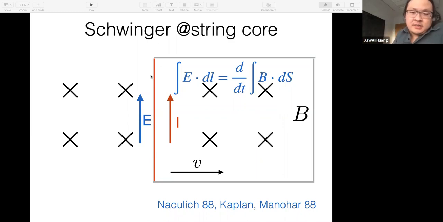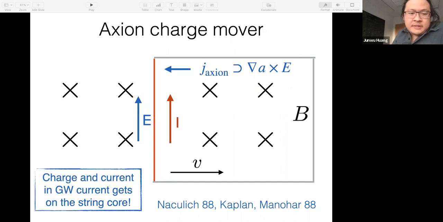And it is exactly the same charge that is popped out from the vacuum, and exactly the same charge as what you expect from the loss of charge in the gradient of the axion field coupled to the magnetic field. So that's how you understand charge conservation.